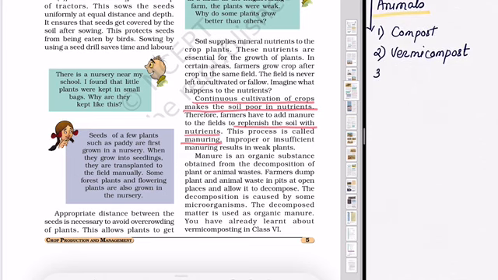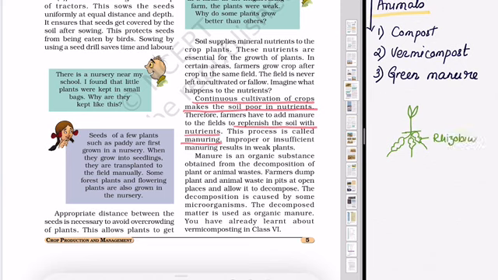The third one is green manure. You know that in the roots of leguminous plants there are bacteria called rhizobium present in the root nodules. Leguminous plants are pulses and legumes, and their root nodules contain the bacteria rhizobium.